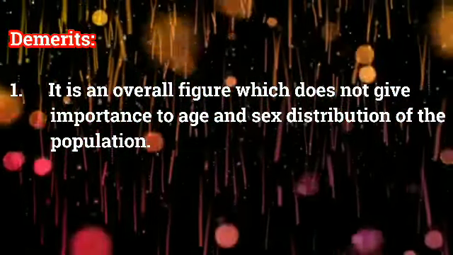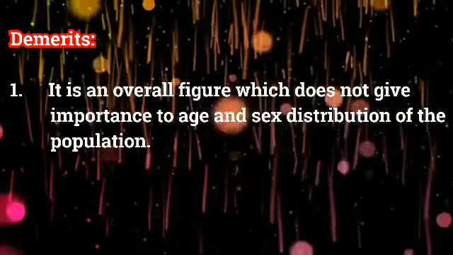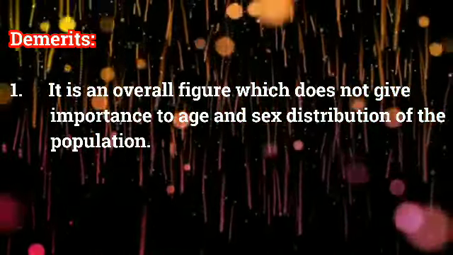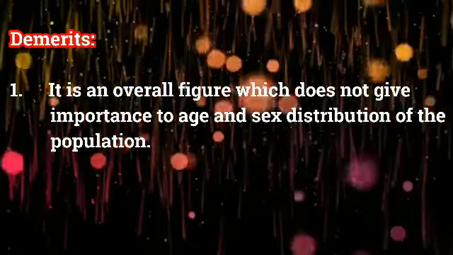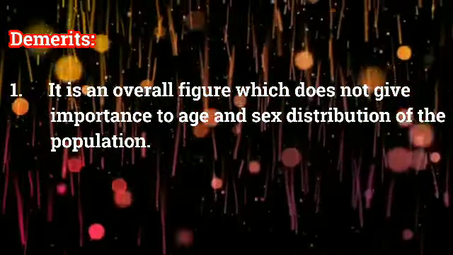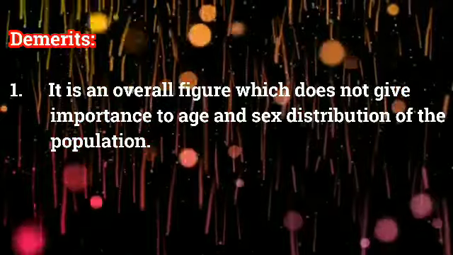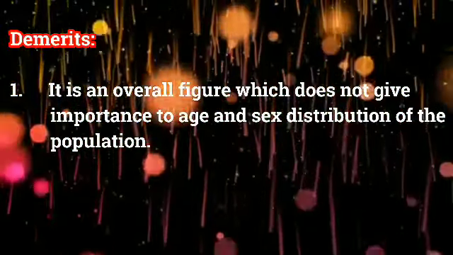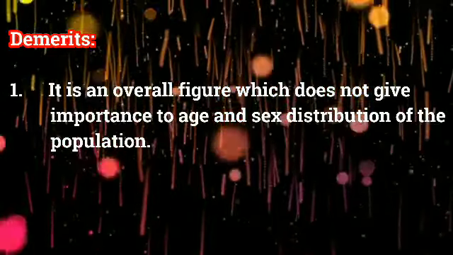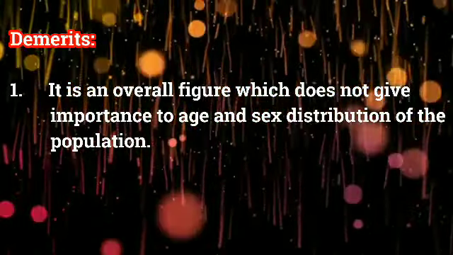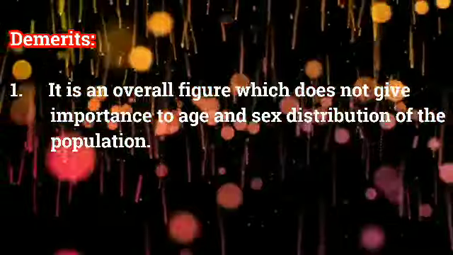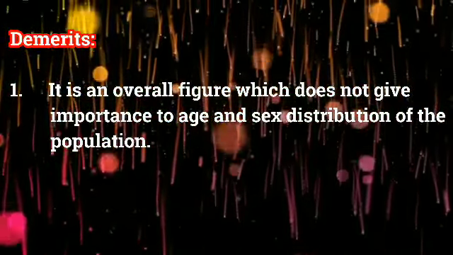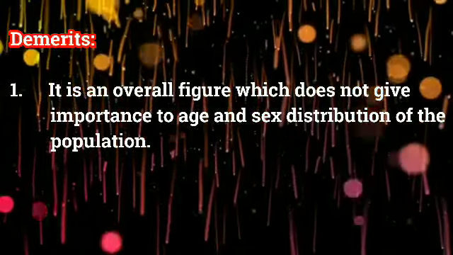So, it does not give weightage to age or sex composition of the population, because death may occur due to various reasons in their early age or in their old age, to male or female population. So, death can come to any individual irrespective of the other factors.